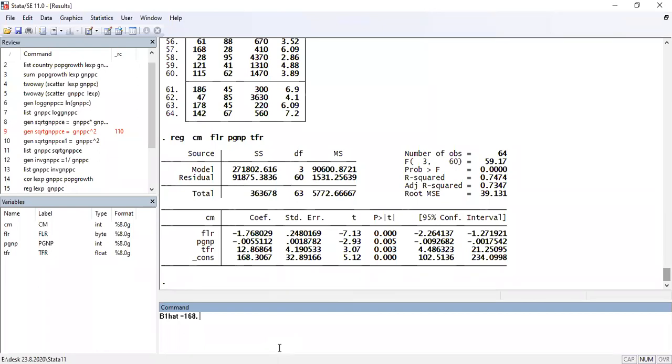If we increase FLR by 1, then on average child mortality will decrease by 1.76768.